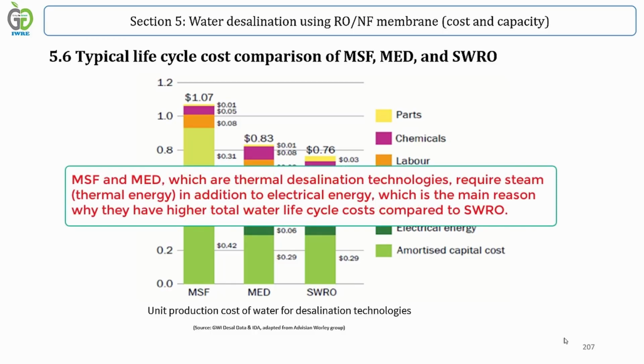As shown, MSF and MED, which are thermal desalination technologies, require steam or thermal energy in addition to electrical energy, which is the main reason why they have higher total water life cycle cost compared to seawater reverse osmosis.